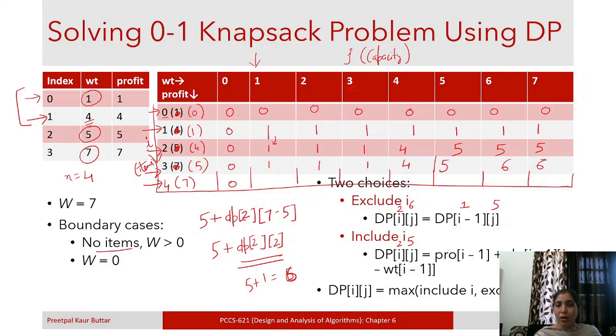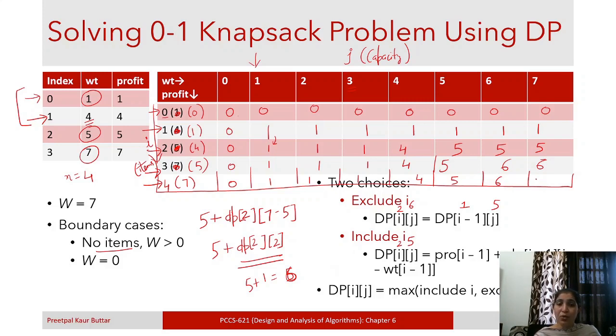So when the capacity of the knapsack is 1, you cannot include this item, so you will copy the upper solution. Similarly, when weight is 2, 3, 4, 5, or 6, you cannot include this item.